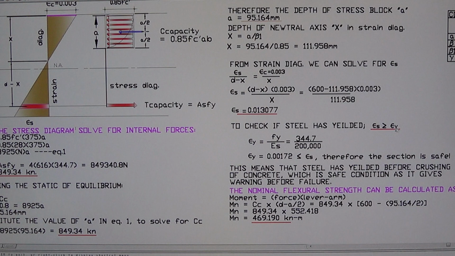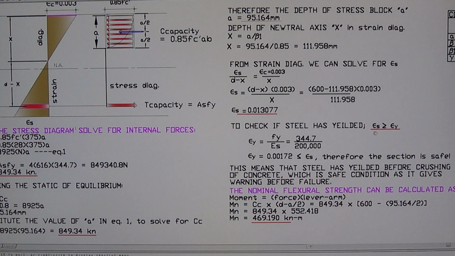After the hardening, it yields again from here and then collapses. This is the tipping point of the ultimate strength of the steel.